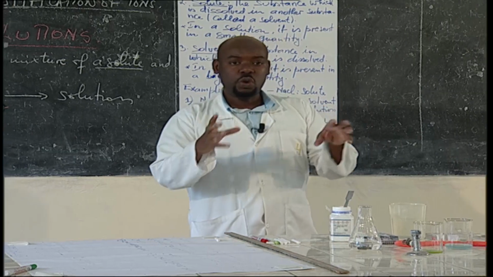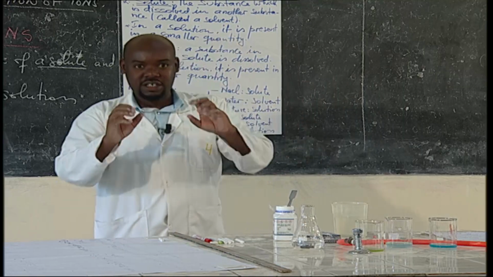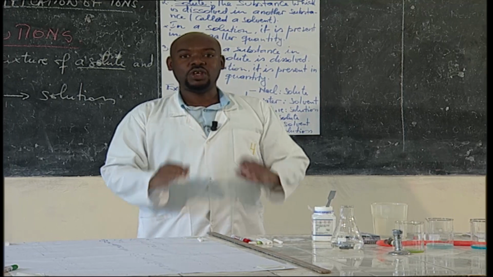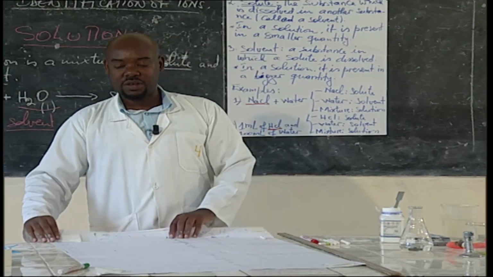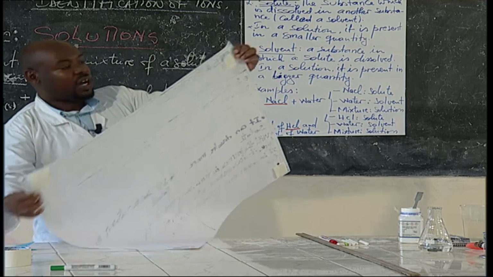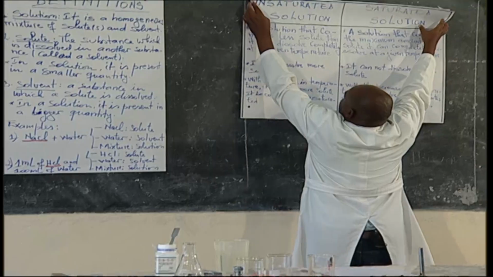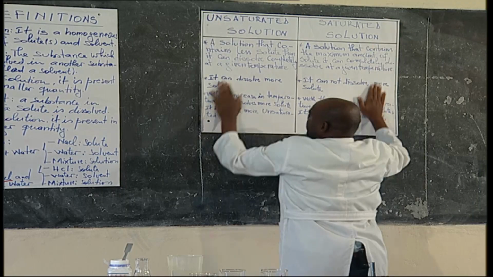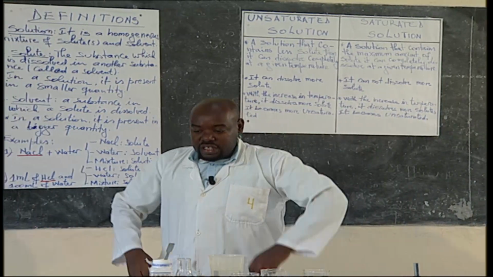A solution which can dissolve more solute if you add it, and a solution which cannot dissolve more solute. And from there, we get two types. The two types are the unsaturated and saturated solution.